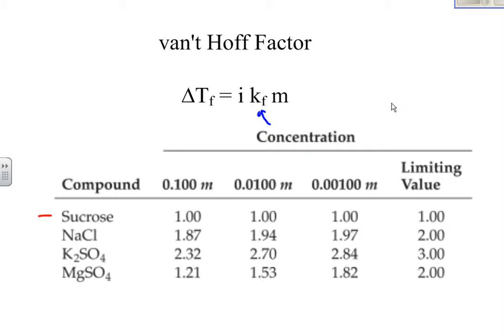Sodium chloride, if it's very concentrated, so now concentrated means that there's a lot of sodium, a lot of chloride ions, so there's more of an opportunity for interaction there. That Van't Hoff factor is 1.87. So that's a reduction from the 2.0.